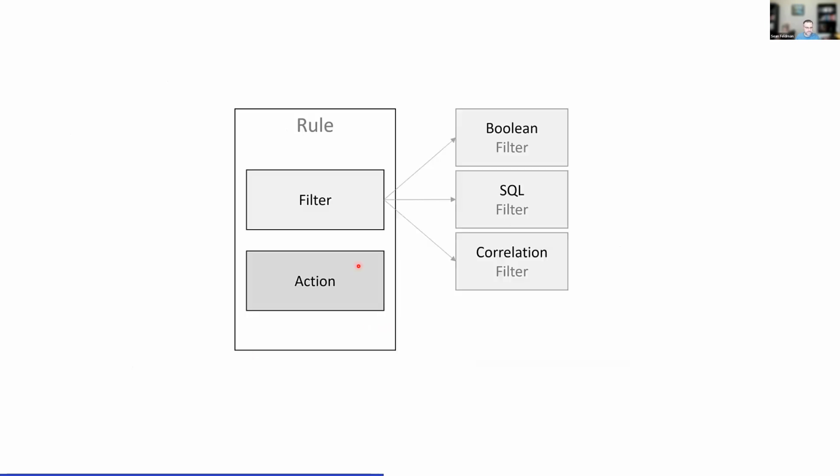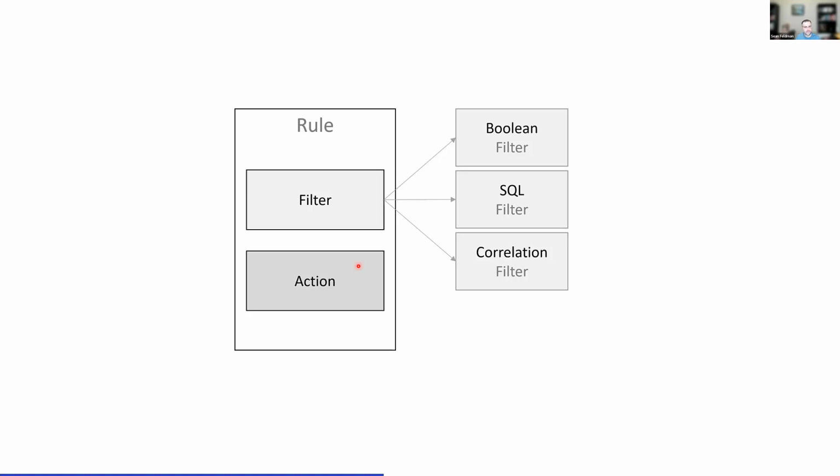About rules, filters, and actions. It's one package. A rule has two parts, a filter and an action. A filter is literally a way to filter out messages. It can be a Boolean filter, SQL, or correlation. I'll explain in a second what each one of those means. An action is a way to stamp a message that satisfies the filter or one of the filters.